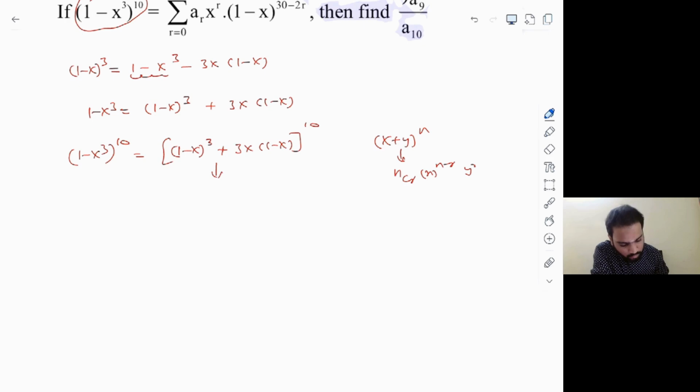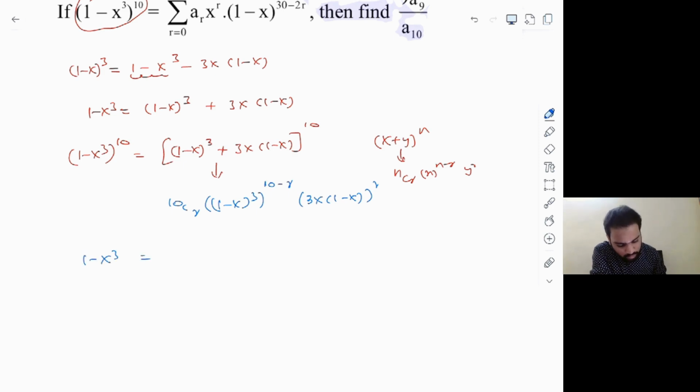So let me write down, which is 10Cr multiplied by x to the power of n minus r. Here x is (1 minus x) whole cube and to the power of n minus r, which is 10 minus r, multiplied by y, which is clearly 3 into x into (1 minus x) whole to the power of r. Okay. Now let's try to simplify here.